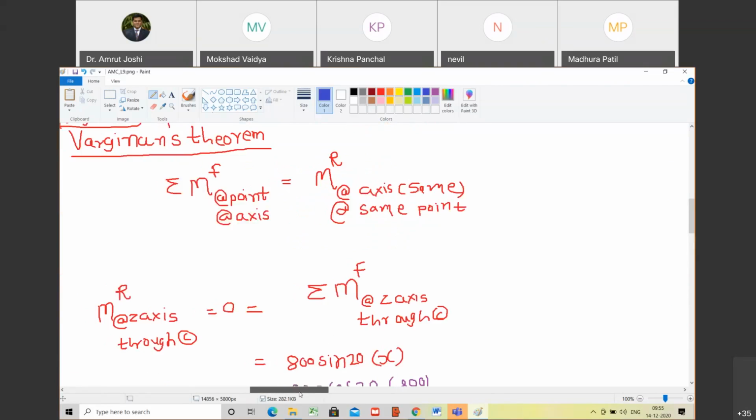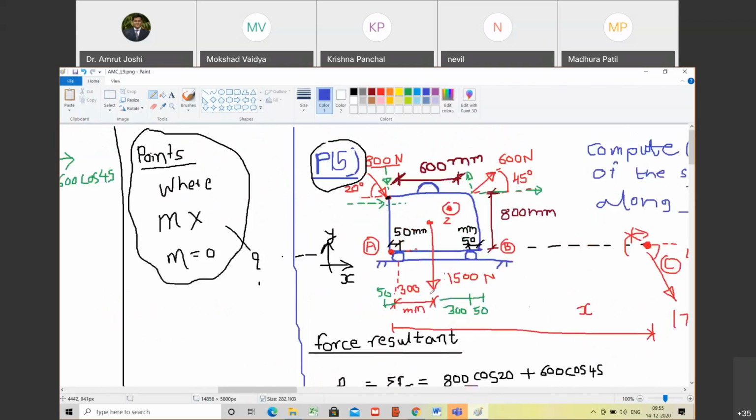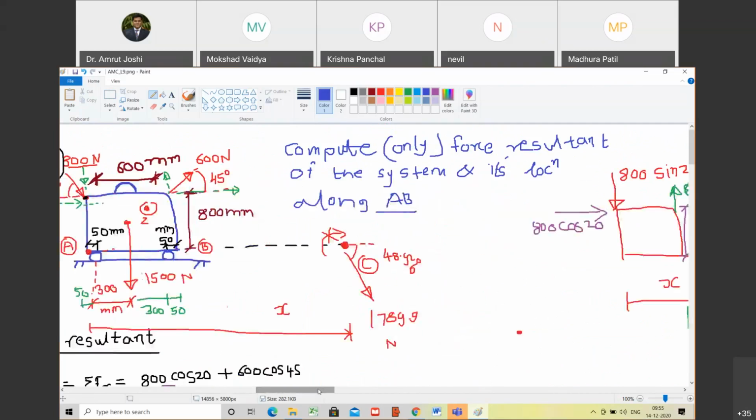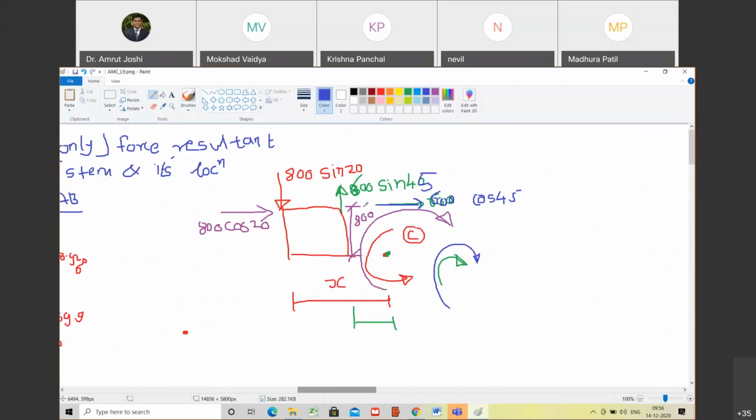चलो और कौन सा फोर्स बाकी है? We still have one force pending and that is this 1500 newton. Are you with me? Yes, sir. Where does it act? This 1500 newton is going to act somewhere here. So what kind of moment does it produce about C? Sir, anti-clockwise. Anti-clockwise. इसका horizontal component 0 है, so anti-clockwise moment, plus. And what is the value if this total distance is x?